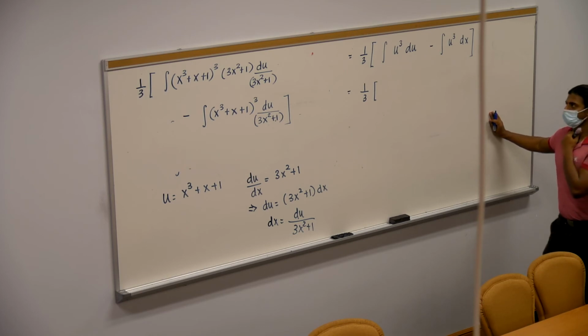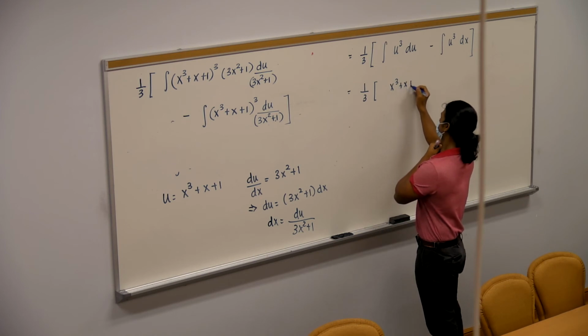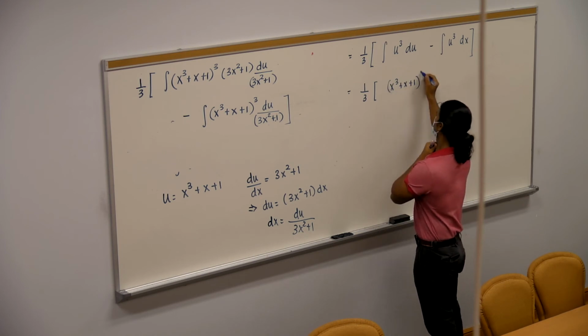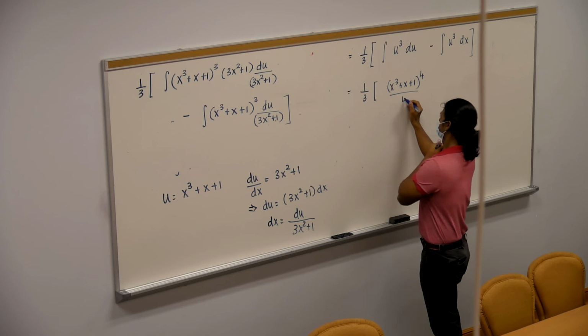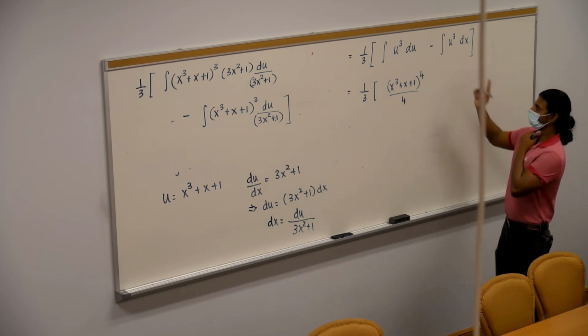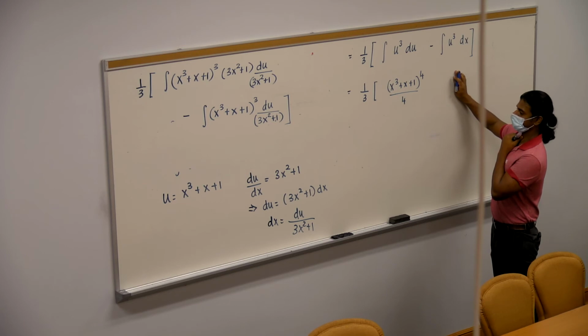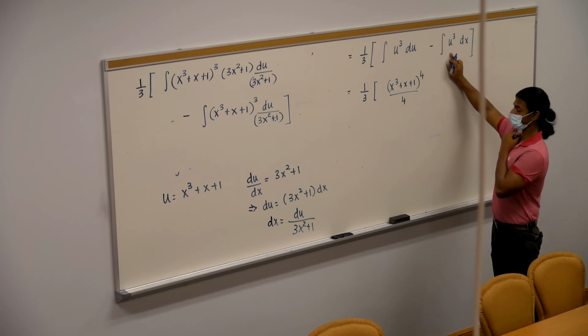X cubed plus x plus 1. Yes? And then wouldn't du be what you put down there for the 3x squared plus 1 dx? Okay, forget I said that.